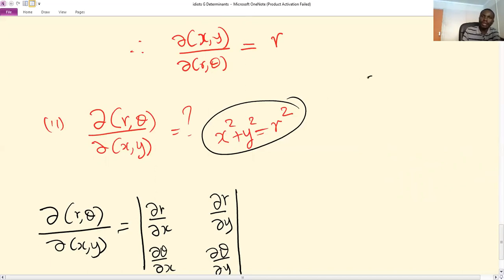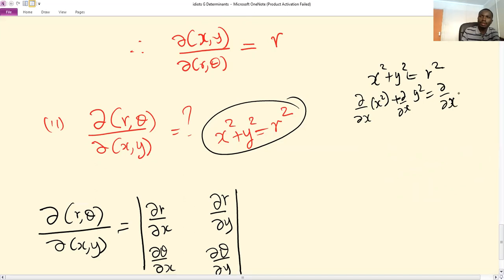So if x squared plus y squared equals r squared, let's see how we get partial r partial x. We apply partial x to every term: partial x of x squared plus partial x of y squared equals partial x of r squared. Here the assumption is that r is a differentiable function of x.